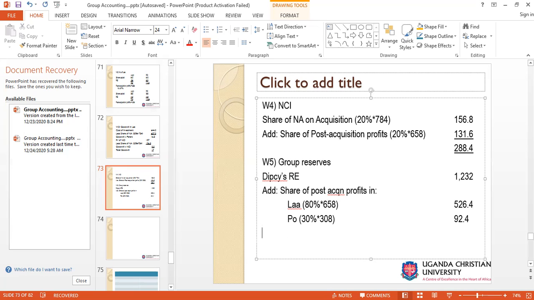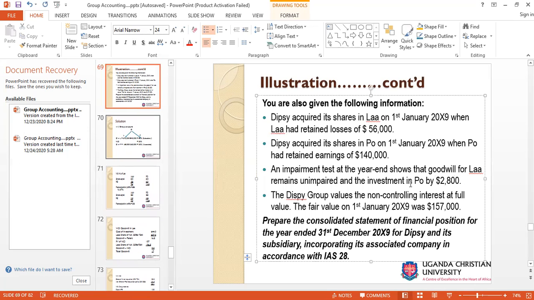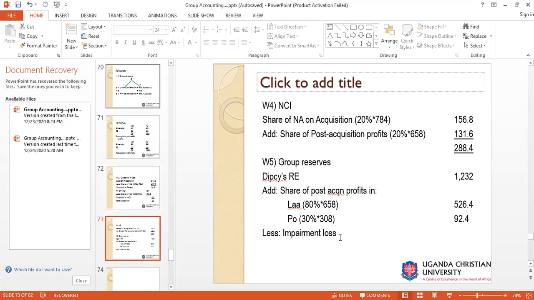Then we have other post-acquisition changes here in the group. For instance, we have the impairment loss. There was an impairment loss of 2.8 in PO.